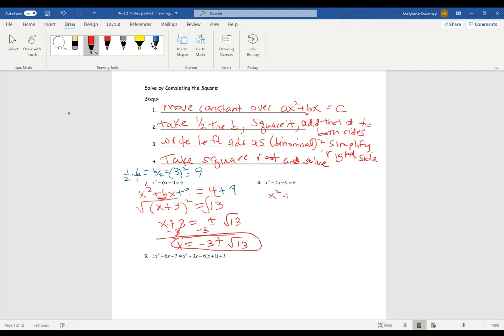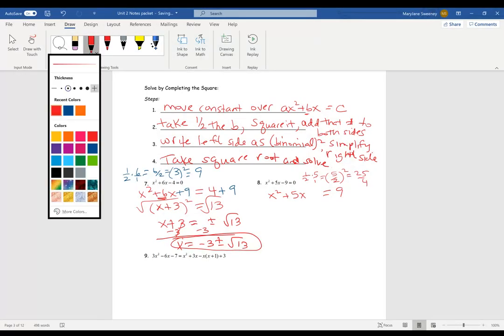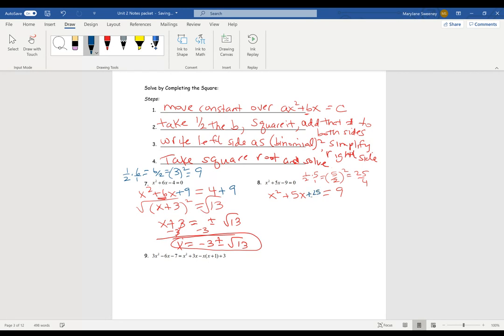So the next one, move the constant over, take half the b, half of 5 is 5/2. Square it, that's 25/4. Now, people are often tempted to put that as a decimal. Do not turn it into a decimal.